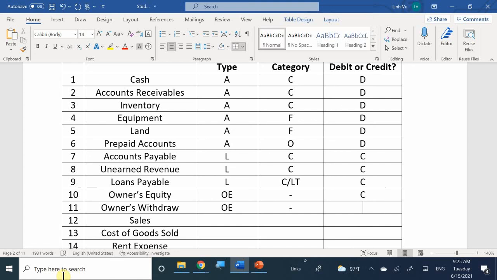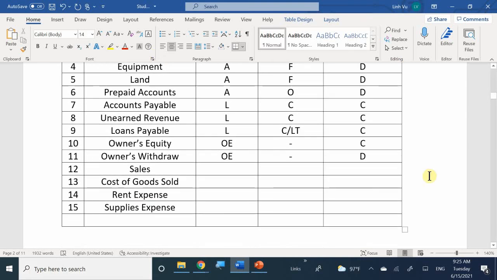Yes, it would flow as a debit, because am I increasing or decreasing my equity account? You're decreasing your equity account. So looking at your accounting model, how do you increase equity? With a credit. How do you decrease equity? With a debit. Because here, I'm taking money away from my company. I'm decreasing the value of my company.